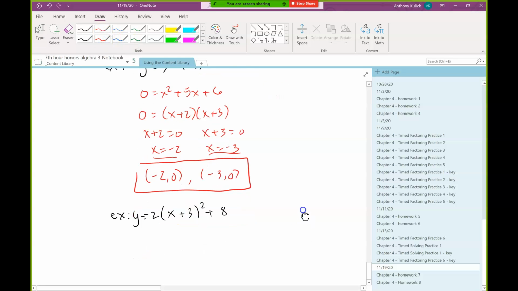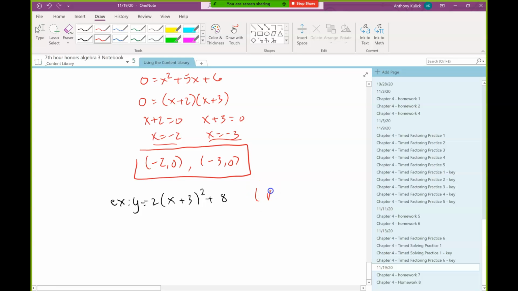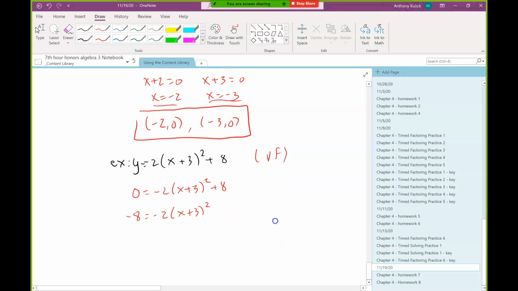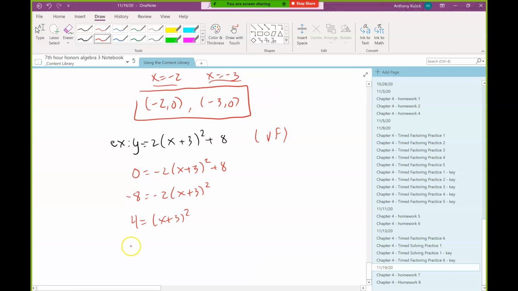So if I have a vertex form, not much changes. I still start by plugging 0 in for y. And then to solve a vertex form, I'm going to use the reverse order of operations. So I'll start by subtracting 8 from both sides, and then dividing both sides by negative 2. And then we'll square root both sides.